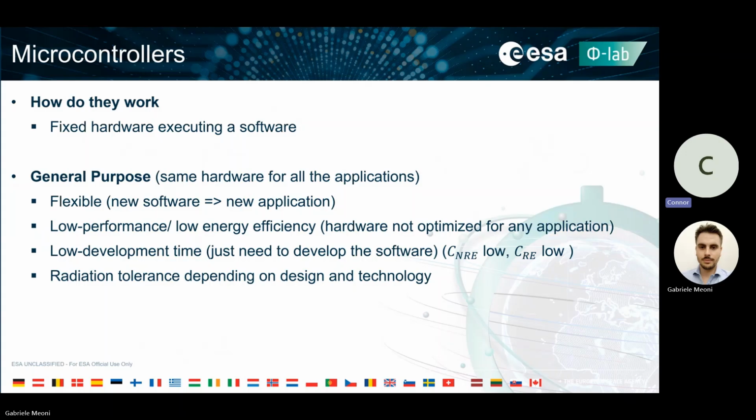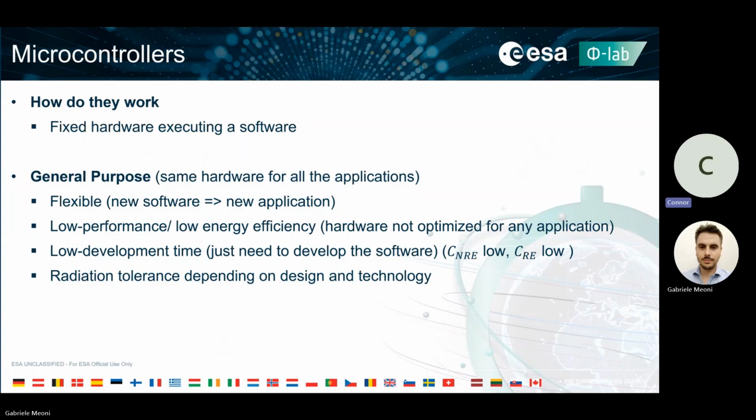You can use a microcontroller for everything, but at the same time, they're not optimized for anything. The hardware is the same, whatever you want to do. If you think about gaming again, it's very easy to understand why you want a very good GPU to do gaming, because it's optimized to do computer vision. Microcontrollers or microprocessors are not. So the performance and the energy efficiency is typically very low, and the development time is also quite easy, in the sense you need just to design your software.